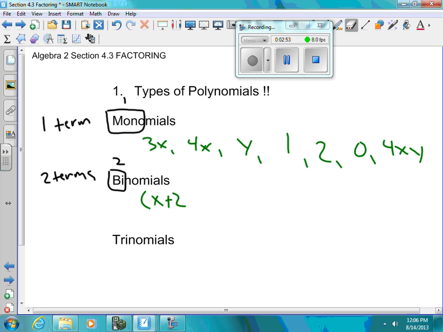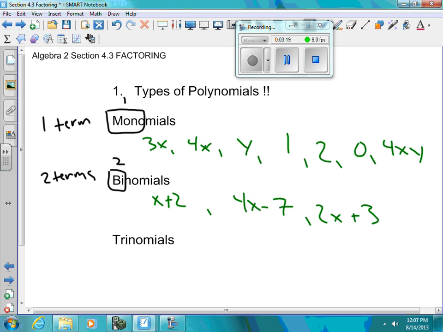We're going to see it in parentheses a lot when we factor, but it doesn't have to be. x plus 2, 4x minus 7, 2x plus 3. These are all binomial examples. The key thing is there's one plus or one minus sign separating 2 monomials.